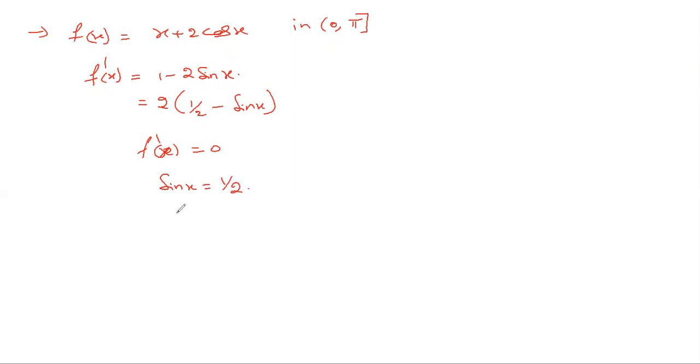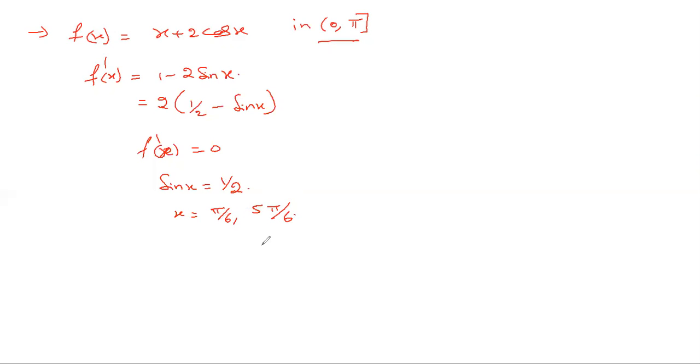In this interval, what are the angles for x to make this 1 by 2? So to make sin x 1 by 2, x will be pi by 6, 5 pi by 6, that is 30 degrees, 150 degrees.